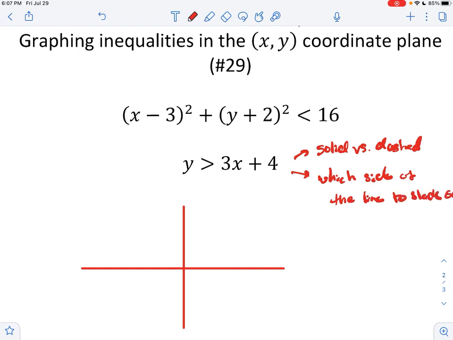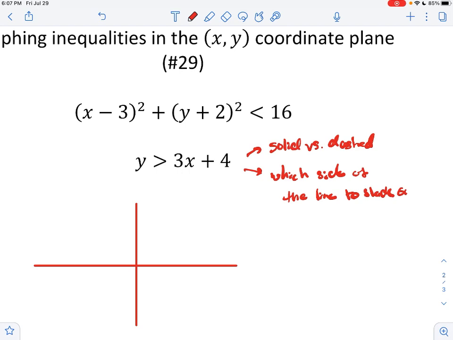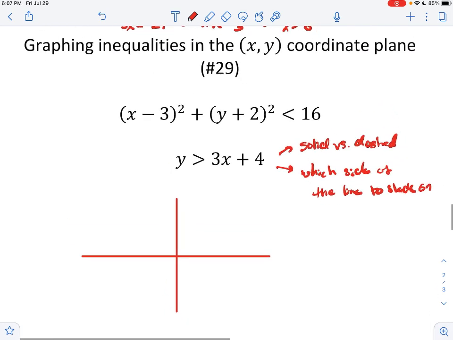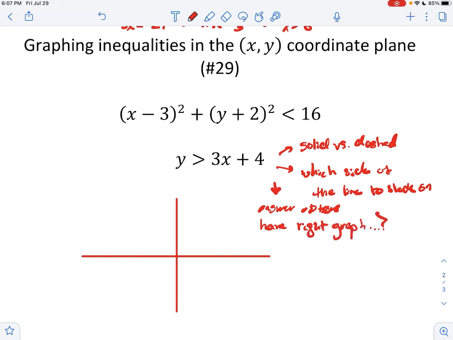You also want to make sure that if you're doing a problem like this and it asks you to shade this, your answer options actually have the correct graph. Okay, that's key. So three things to consider: solid versus dashed, which side of the line to shade on, and then do the answer options have the right graph.